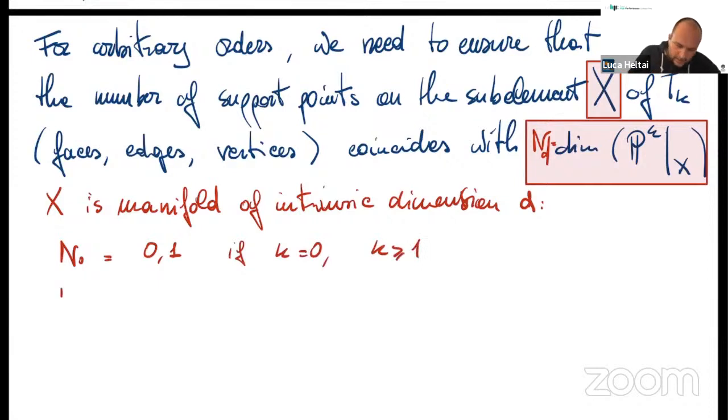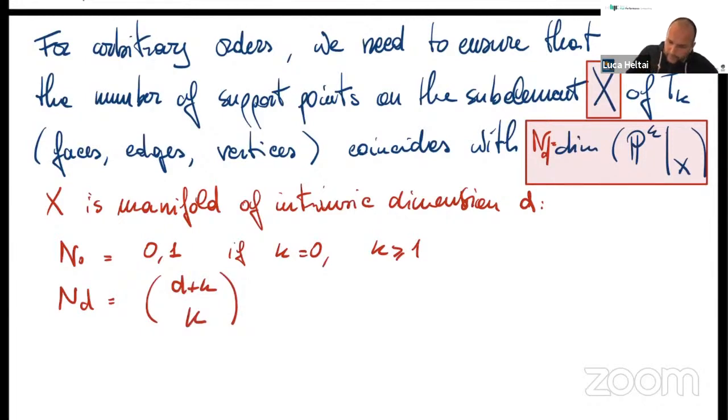And as we said, N_D in general is equal to the binomial (D plus K) over K in general. Okay.